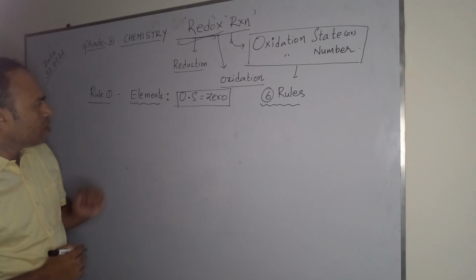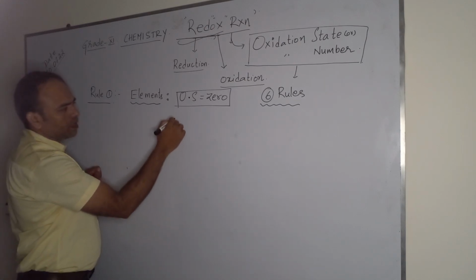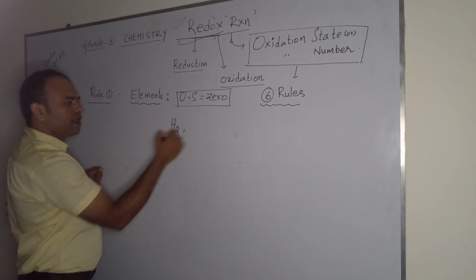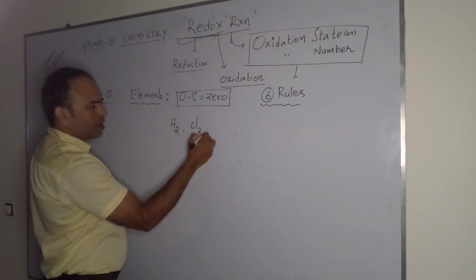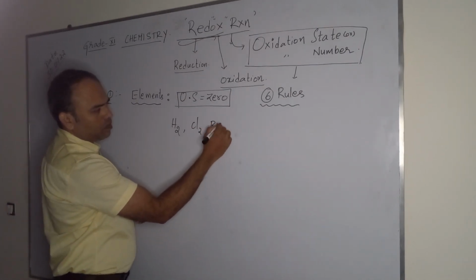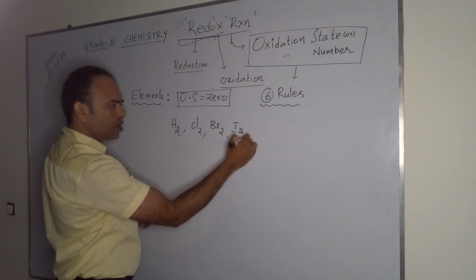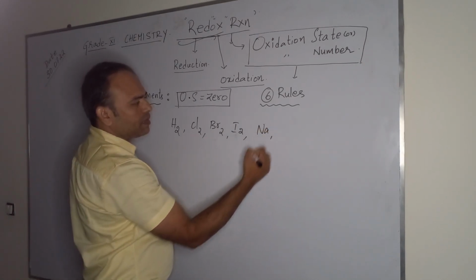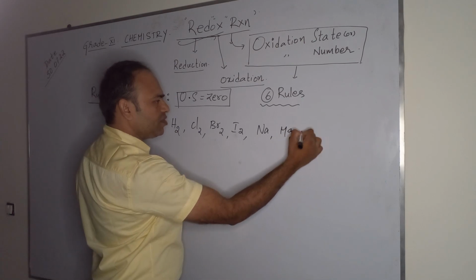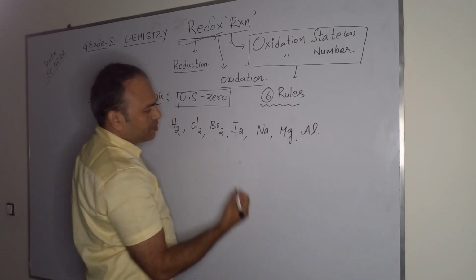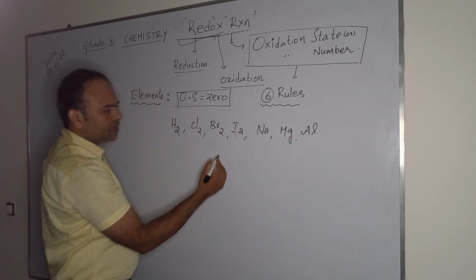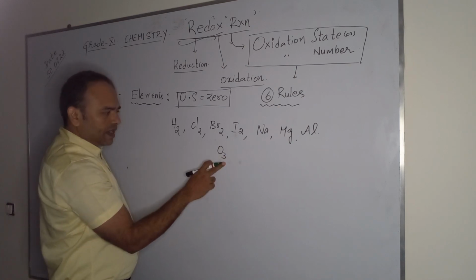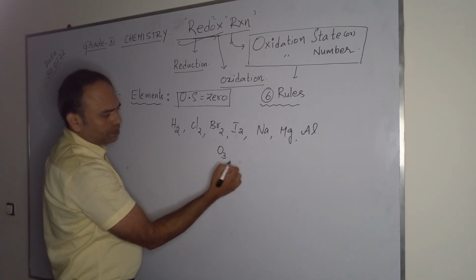Now let us see what those elements are. Examples are H2 and the halogens Cl2, Br2, I2. If you take metals, sodium, magnesium, aluminium, and if you want a triatomic one, that is ozone.